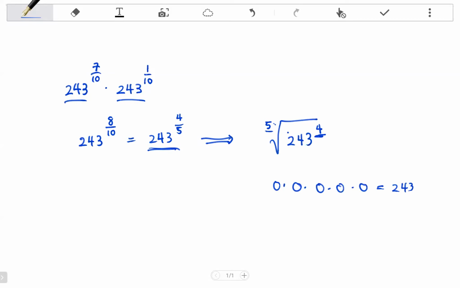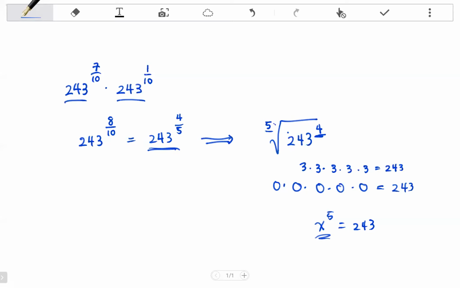In other words, x to the 5th is going to be 243, and we're just solving for x. Well, that's a bit simpler. I think 3 times 3 times 3 times 3 times 3 is going to be 243.